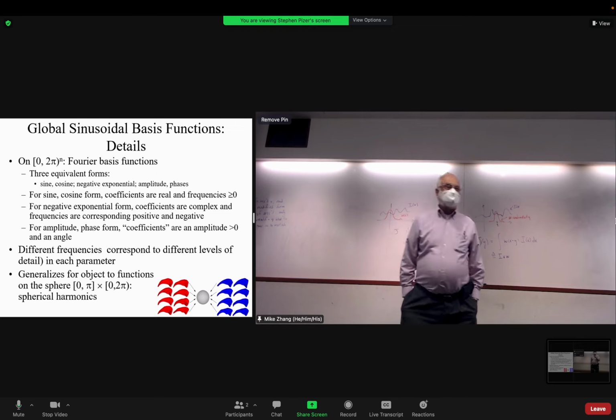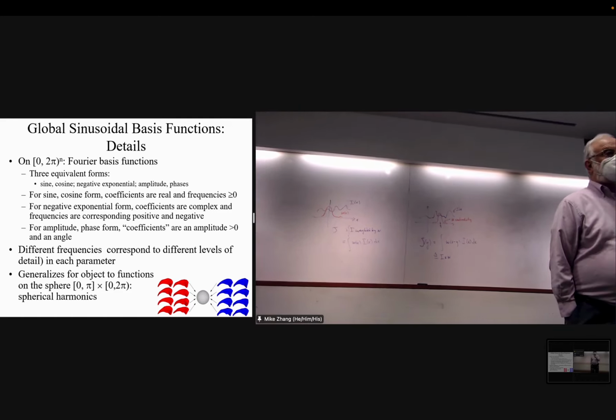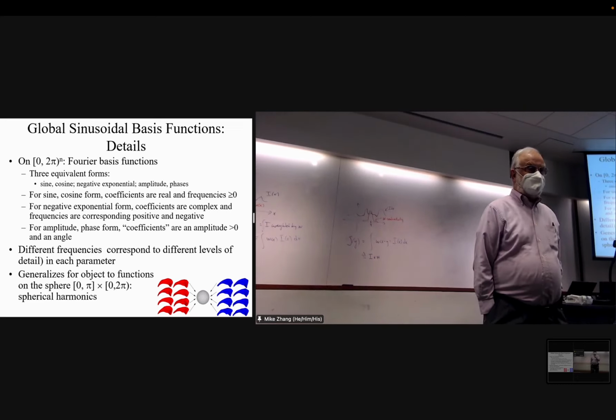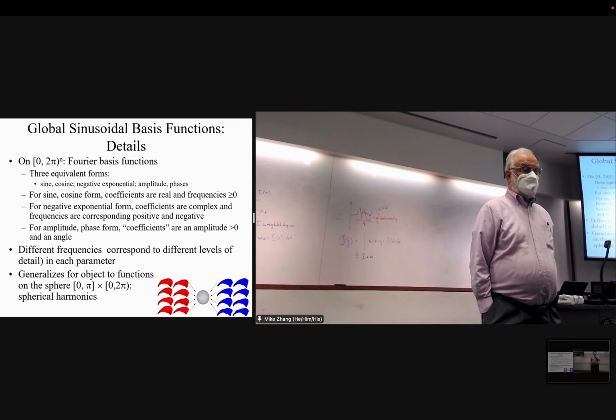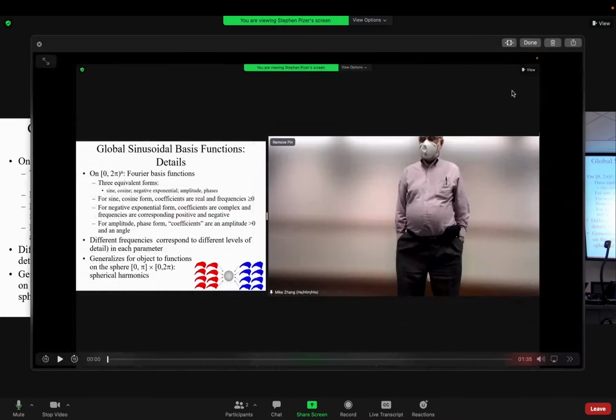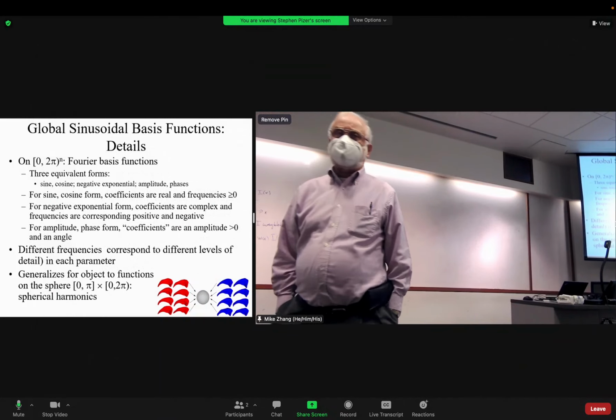Okay, so let's continue. We've been talking about good ways to reform an image into a linear combination of basis images. And one of the major objectives was to allow shift invariant linear operators to be applied efficiently.